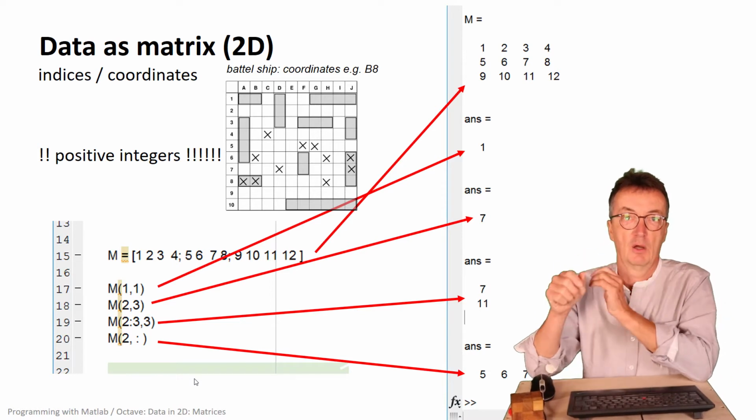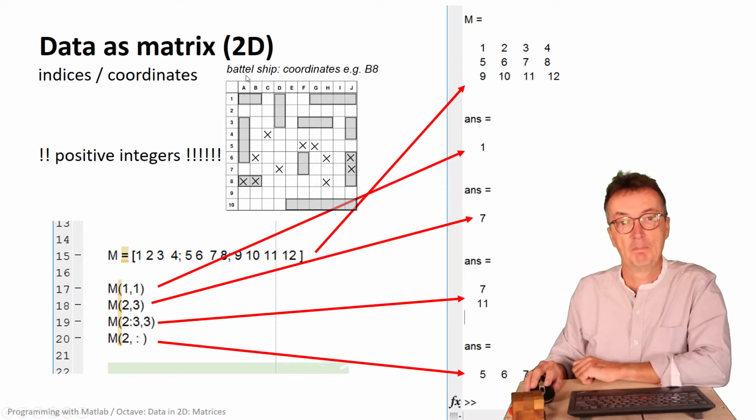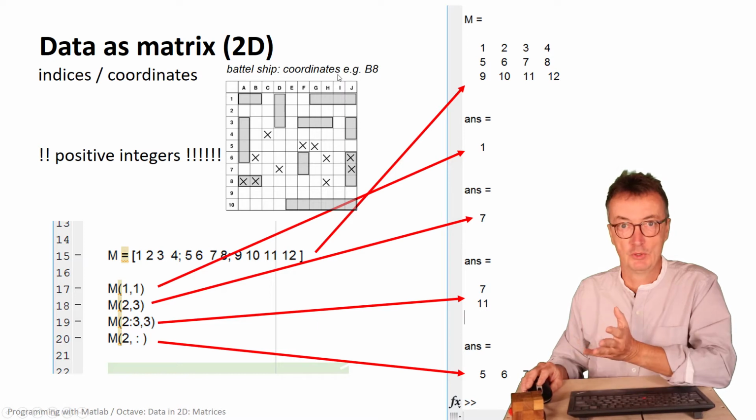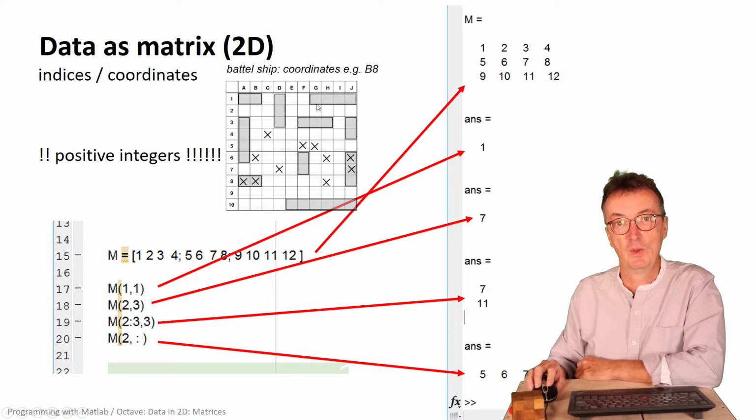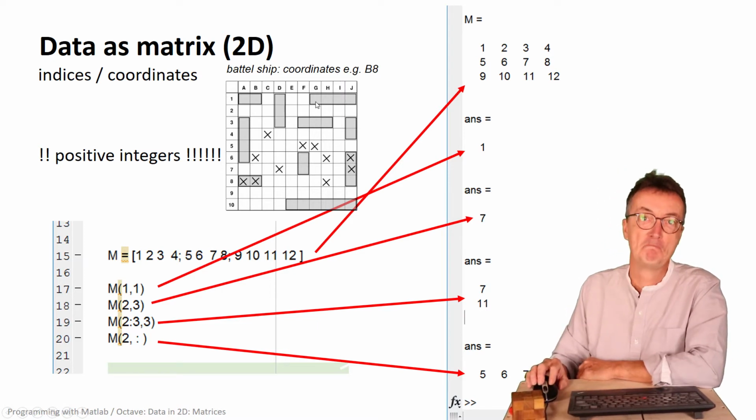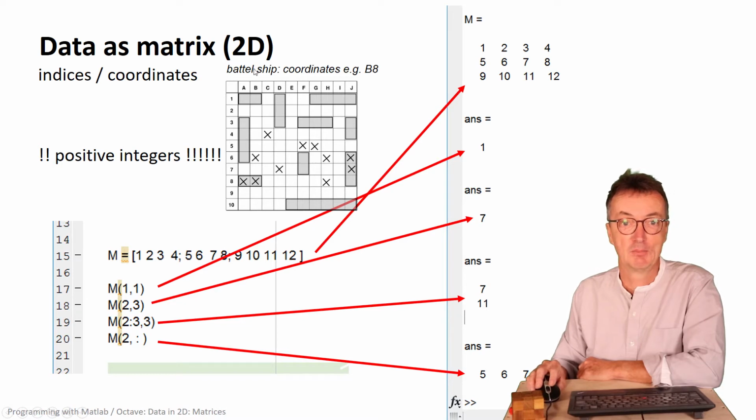Perhaps think of it as Battleship, which you'll probably have played when you were young, or still like to play it. So you need to define the coordinates as in Battleship. It's ABC and so on, and a number in the other direction.